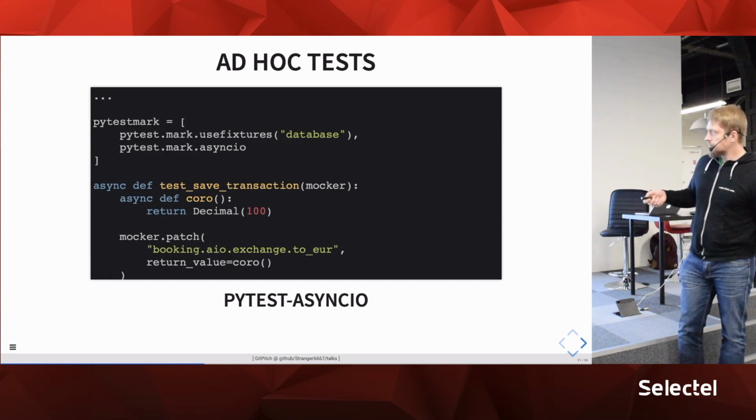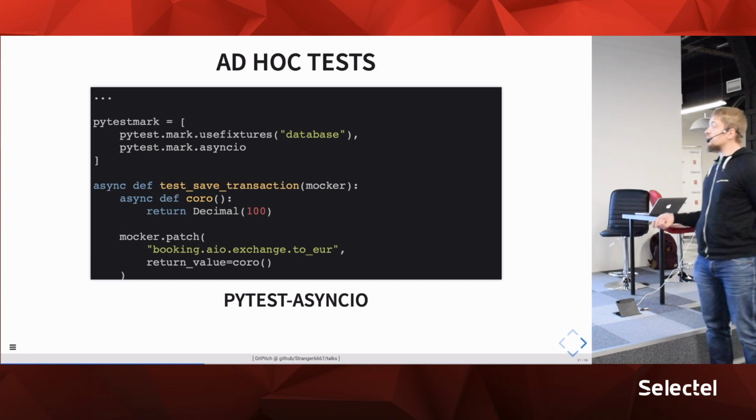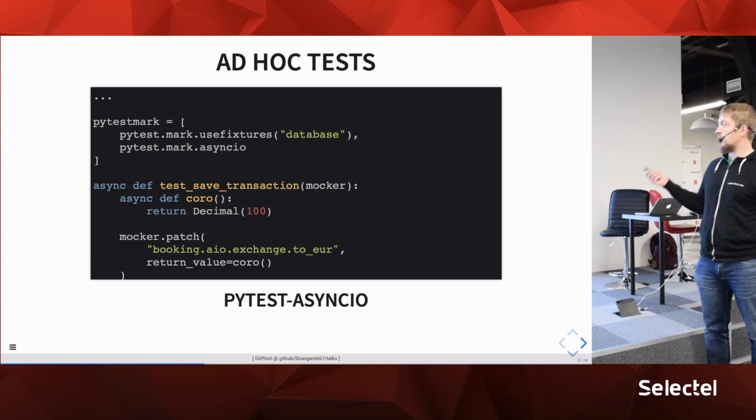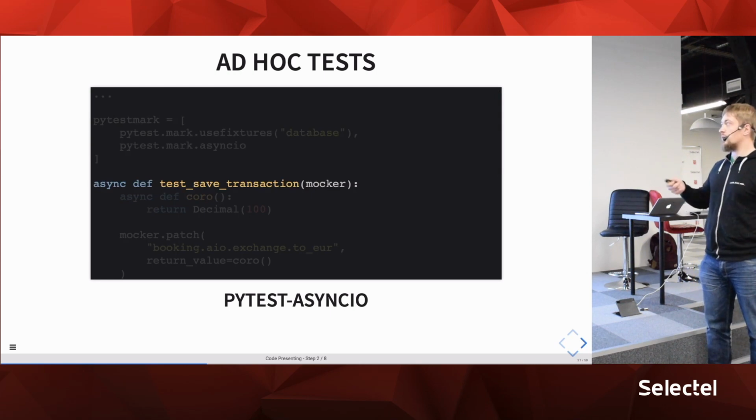So to utilize the same approach with an ad hoc test, we could use the pytest-asyncio plugin, and we should apply the pytest mark asyncio and write our tests as coroutines.